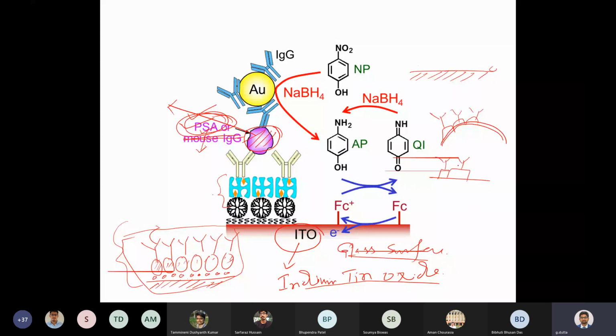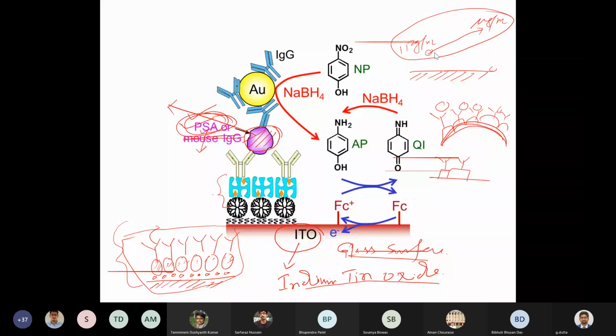But because of the spherical size, you will get more linker and more antibody on the surface. More antibody means more target can bind on the surface, and more target means you can detect your biomarker in a long range, like picogram per ml to maybe microgram per ml. In the long range, you can detect your target.